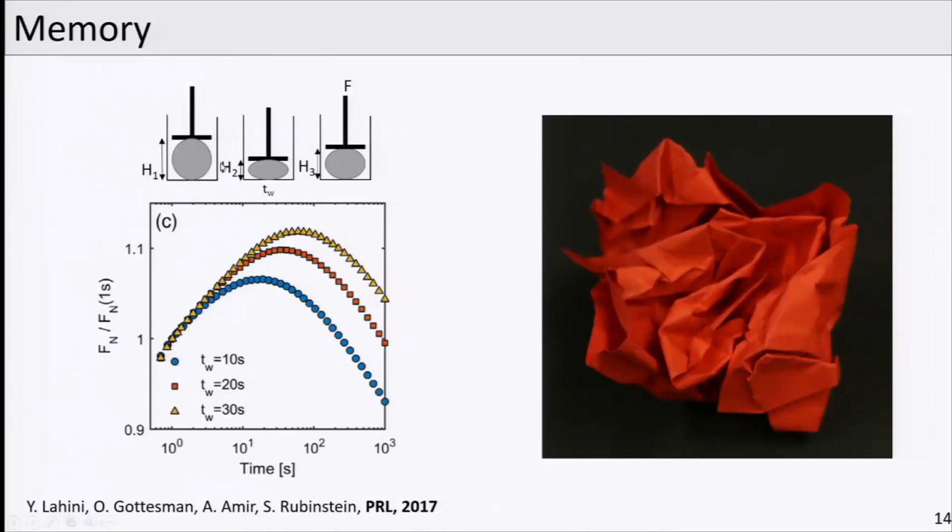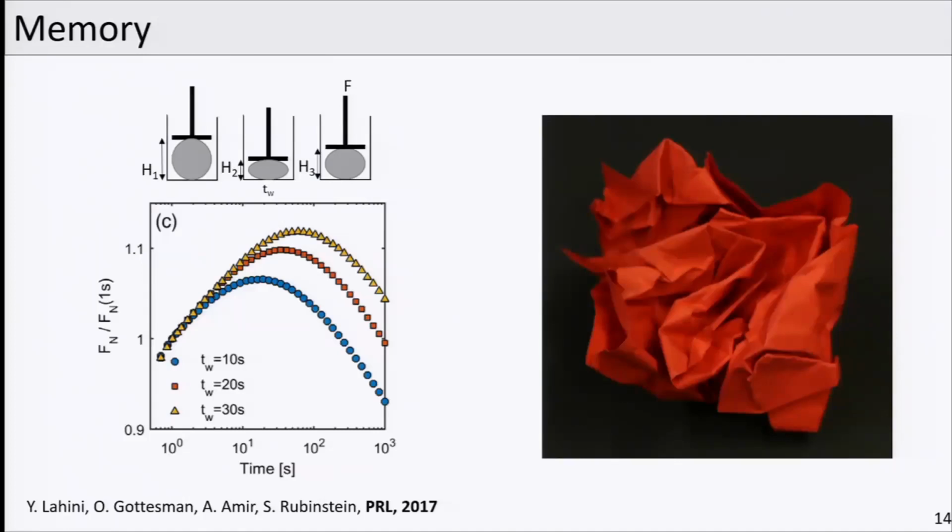What they found is that this relaxation force depends on the time the crumple spends under this high load. And I think it's like spin glasses, but I don't want to say a stupid thing there. But the important point is that this crumple can also sort of remember the time it spends under a certain compression.